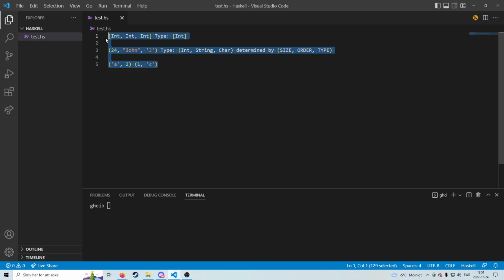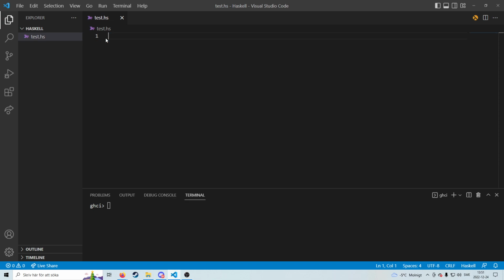But okay, let's get into the example here. Let's say that we wanted to represent fractions with tuples. Let's say that we had a fraction like 2/3. We could make this into a tuple by replacing the slash by a comma, and this would basically be an implementation of fractions in Haskell.